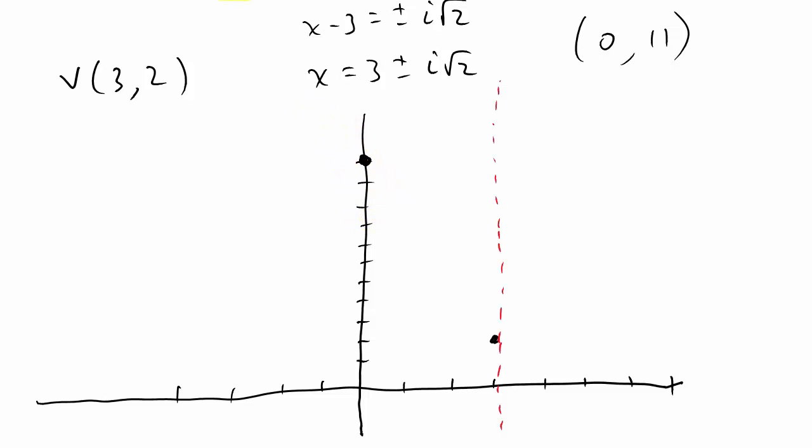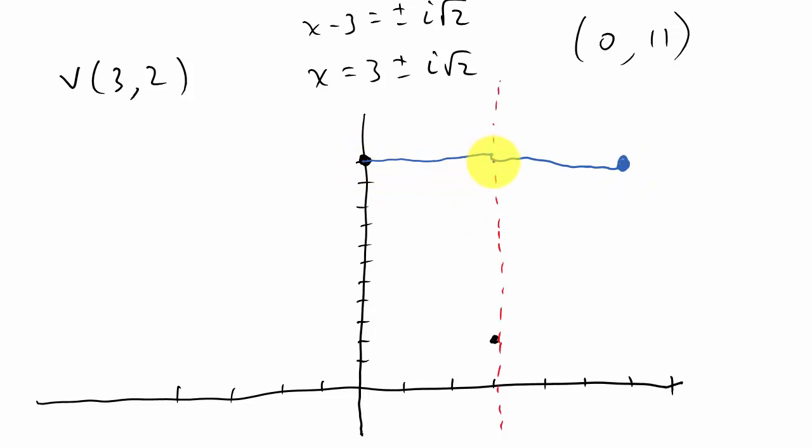If we look at this point and go straight across to the axis of symmetry, that is 1, 2, 3 units. That point is 3 units from the axis of symmetry. So if we go straight across 3 more units, there's another point. So we mirrored the point.